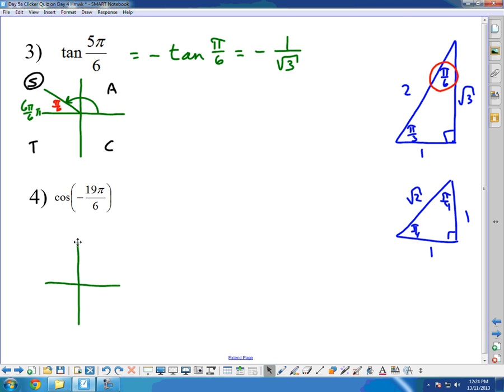When I stop and think about it, if I'm dealing with pi over 6, one full rotation is 2 pi, which is 12 pi over 6. So if I take that away, or in this case it'd be like adding it because I'm going in the opposite direction, the difference is 7 pi over 6.